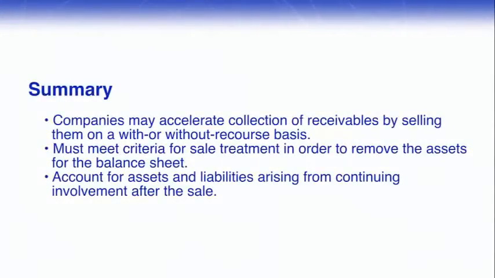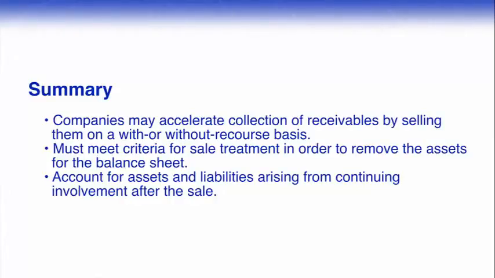To summarize the accounting for transfer of receivables, remember that companies can accelerate collection of their accounts receivable by transferring them to a third party like a factor. In order to get sale treatment, they need to meet those three criteria: transferring the receivables, the purchaser having control of the receivables, and then no requirement to take the receivables back.